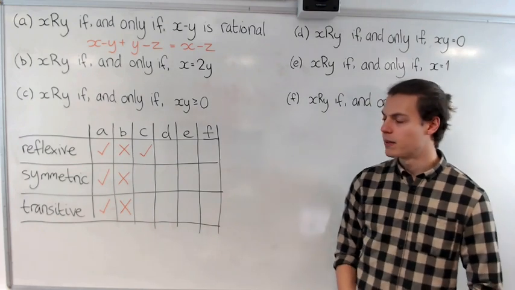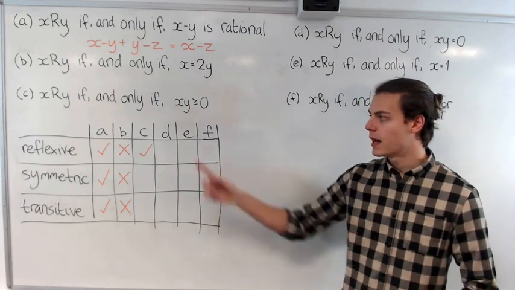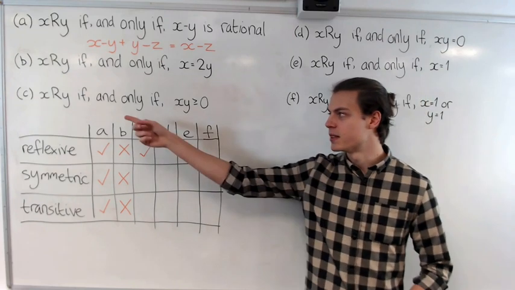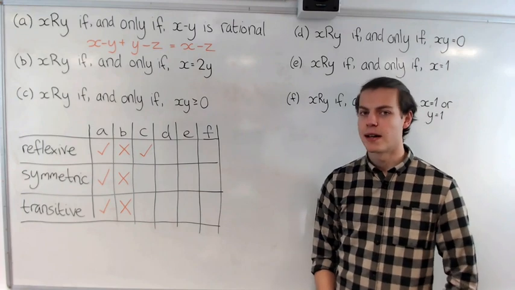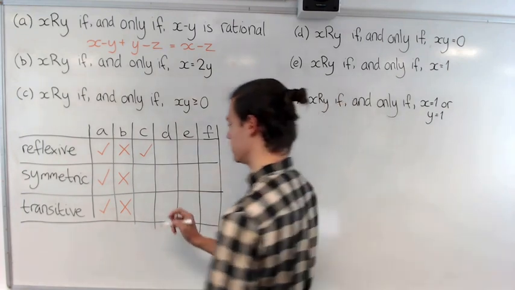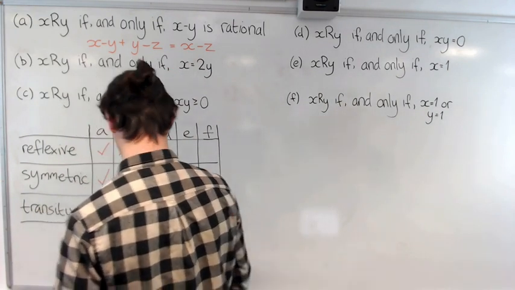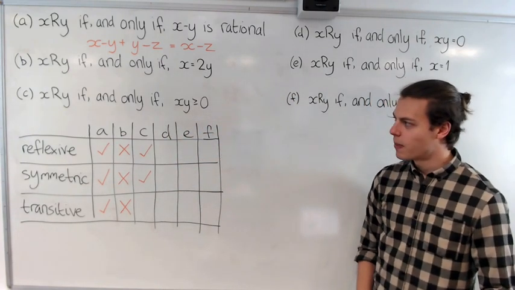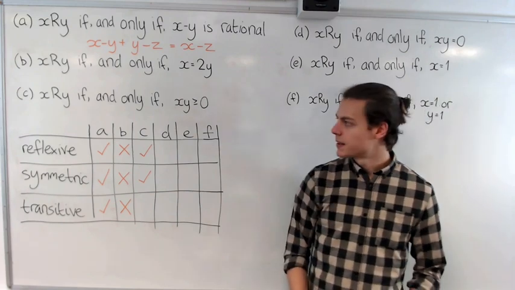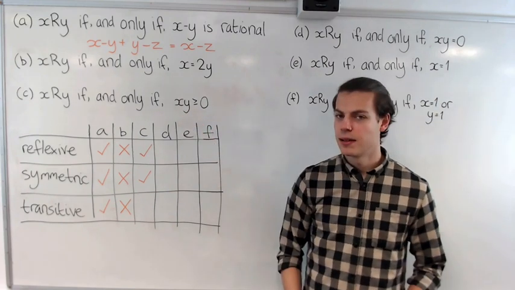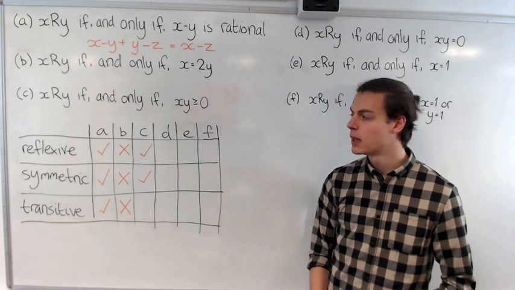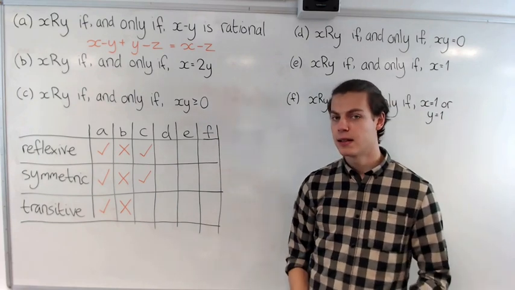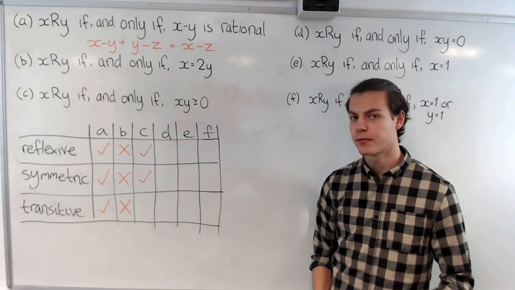So yes, this is reflexive. Is this relation symmetric? Well, x times y is the same as y times x. So if x is related to y, then of course y is related to x. And is this relation transitive? Well, consider this case. Let x be 1, let y be 0, and let z be minus 1.